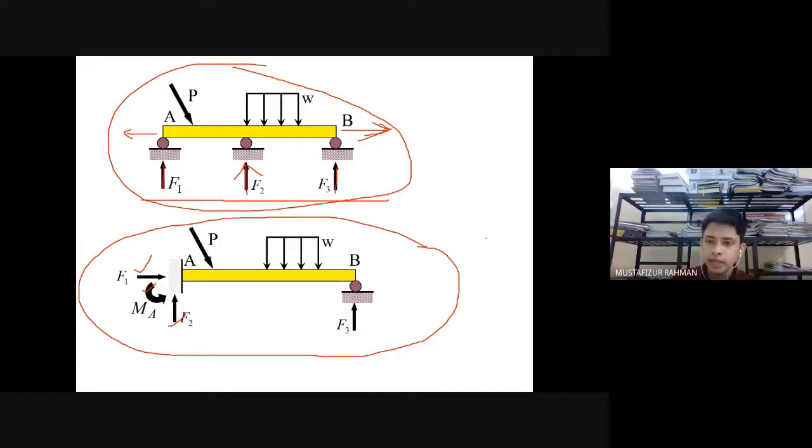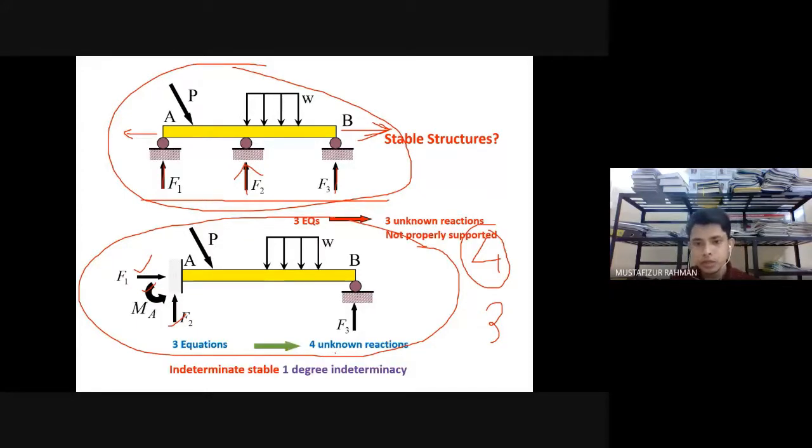So that means we have 4 unknown forces or reactions, and how many equations can we write? 3 equations we can write. So 4 minus 3, we have 1 extra. So we say that this is statically indeterminate by degree 1. In the indeterminate stable structure, 1 is the degree of indeterminacy.